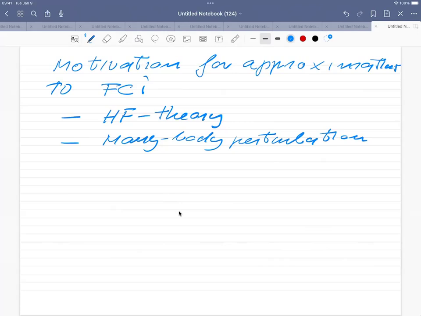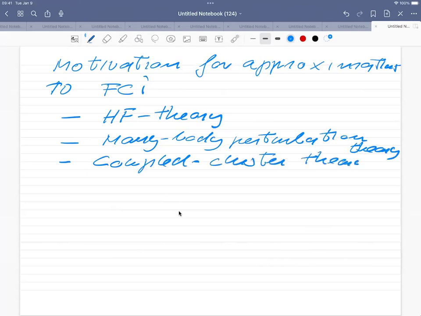So all these other methods, so this is many-body perturbation theory. Another method which we will cover is something which is called coupled cluster theory. And if we get time, we will say something about Green's function theory. Or alternatively, we may just switch the order and just do Green's functions and have coupled cluster as optional. And then there are many, many other methods. So these are often called wave function based methods because we have a wave function basis.